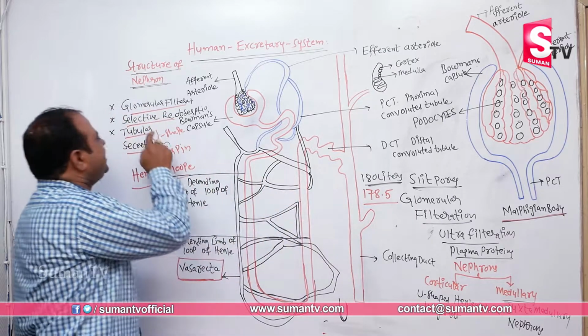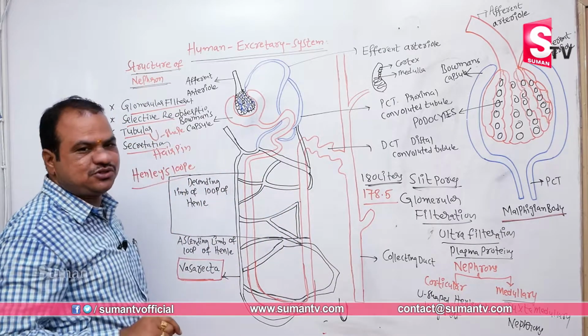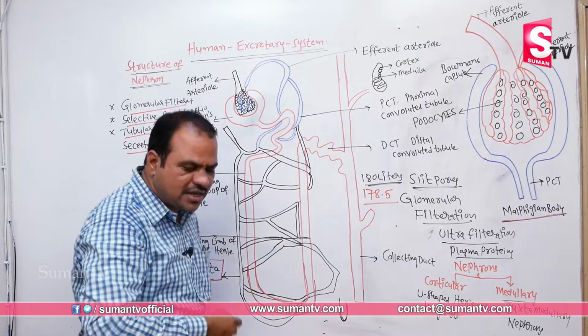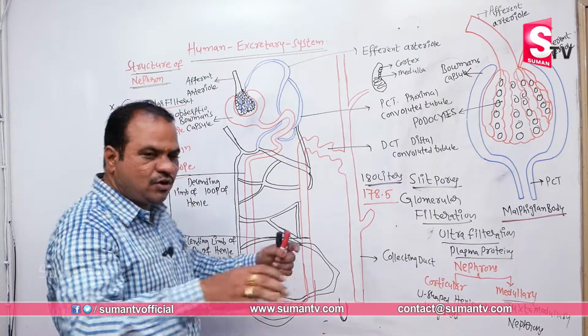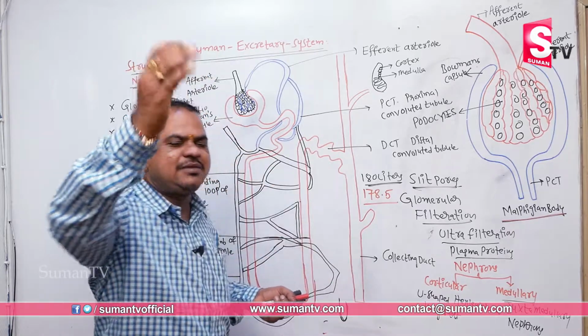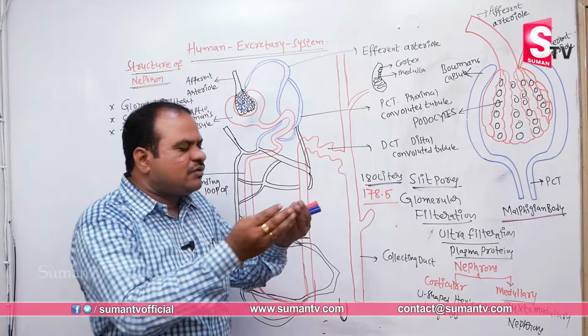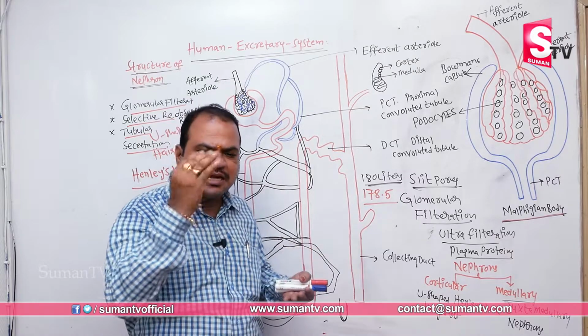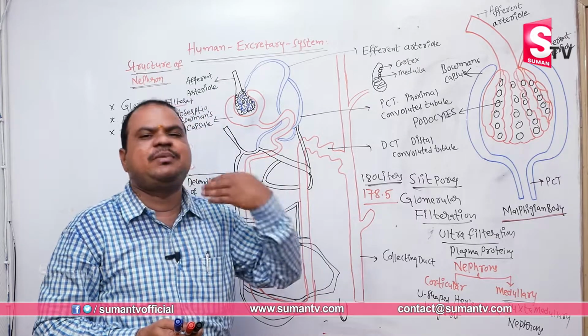what will happen? The selective reabsorption. What is the selective reabsorption? For example, in our home we have some garbage. Before throwing it away, any useful materials will be collected back.